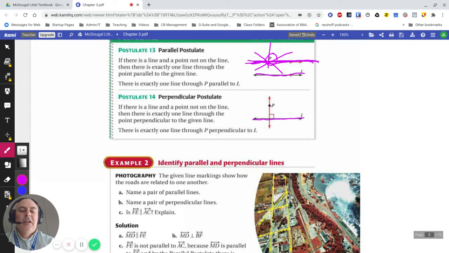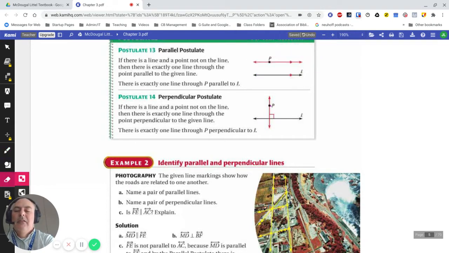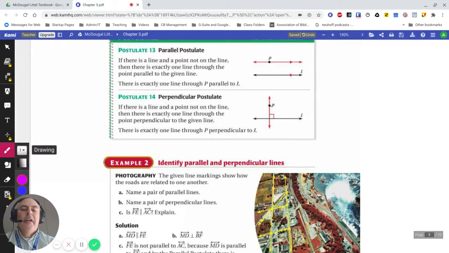I have my original line and my point. Only one line through that point will be perpendicular to my first line. Again, I can draw numerous other lines through the point, but only one line through that point will be parallel, and then one other line would be perpendicular to, in this case, line L.